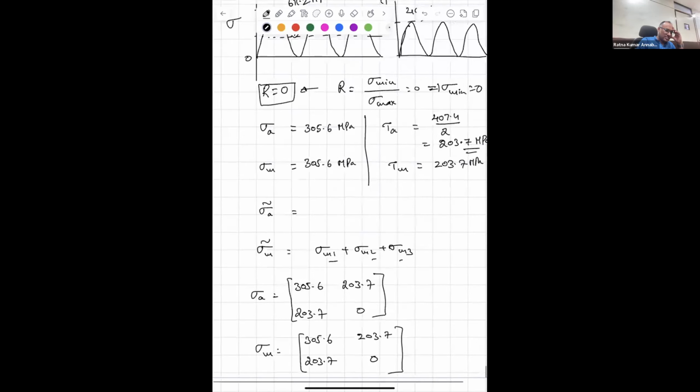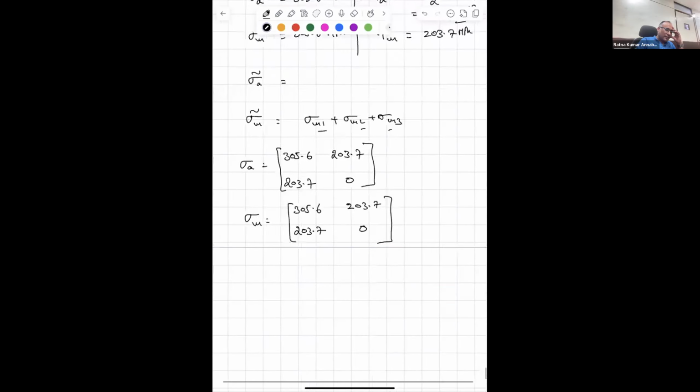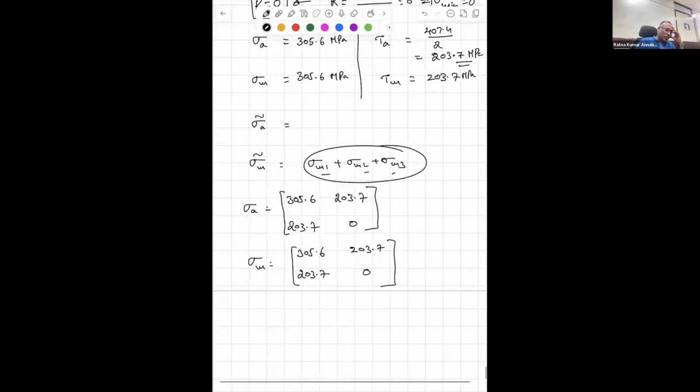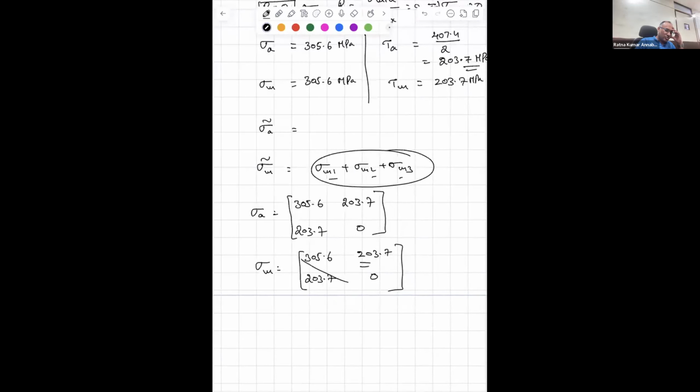Because XX, this is sigma A in the X direction. Now, sigma M tilde is the trace of that. That means you need not worry about whatever is off the diagonal. So sigma M tilde remains 305.6 and sigma A tilde you need to compute.